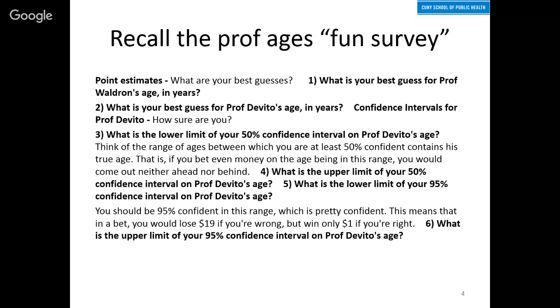Now these are obviously different than the confidence intervals that you learned about last class, only in that they're not calculated based on a sample. They're just calculated on your own understanding of your own uncertainty. But it's the same idea. It's the same idea of making a best guess and then putting an interval around that for a given level of confidence.